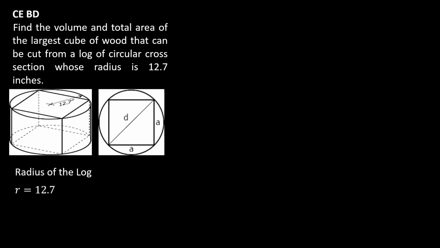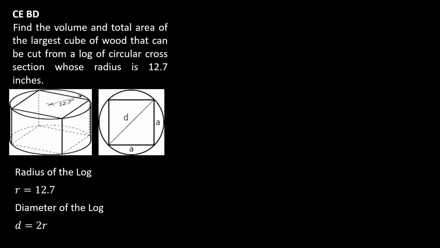A very important given is the radius of the log, which is equal to 12.7 inches. To calculate the diameter of the log, we simply multiply the radius by 2. That's why d is equal to 2r.